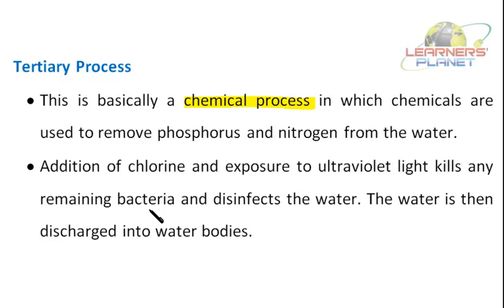What we are talking about now is phosphorus and nitrogen, and that is why this tertiary process is important, right? Here addition of chlorine and exposure to ultraviolet light kills any of the remaining bacteria and disinfects the water, and then this water is discharged into the water bodies.